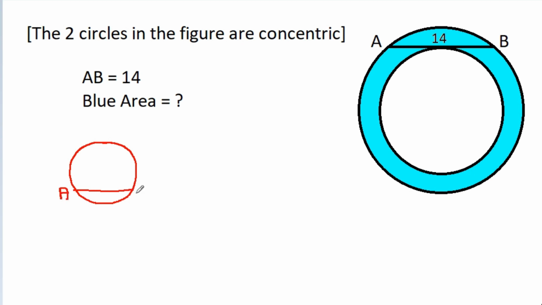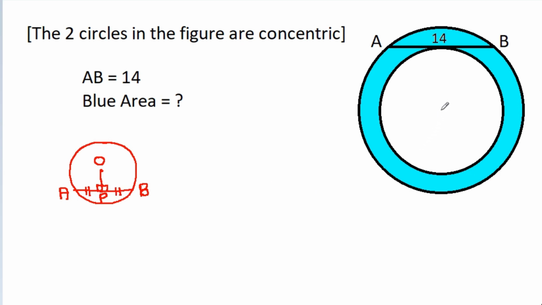if AB is any chord and O is the center, and if we draw a perpendicular on AB from O, suppose this point is P, then AP will be equal to BP.